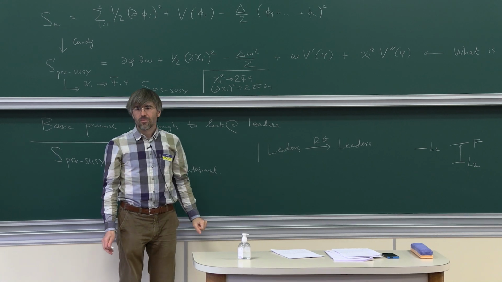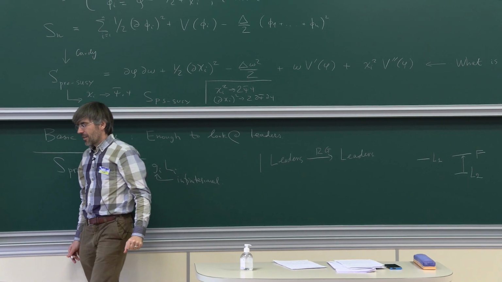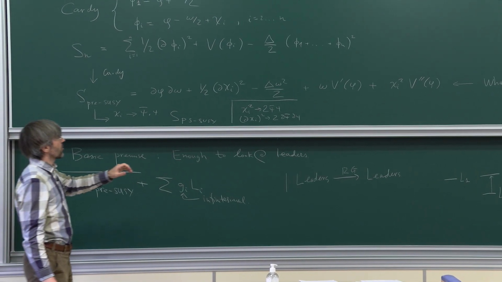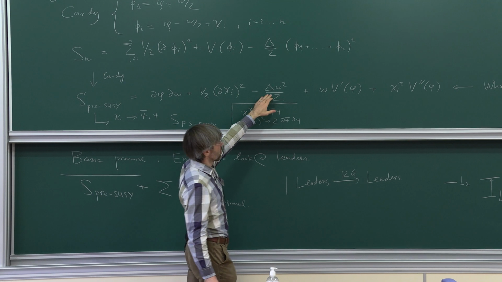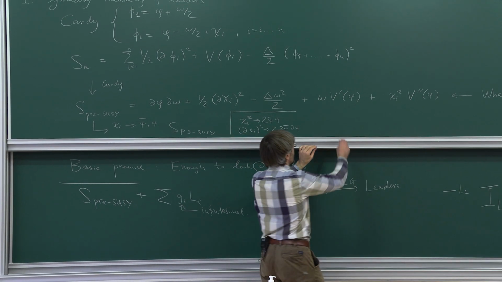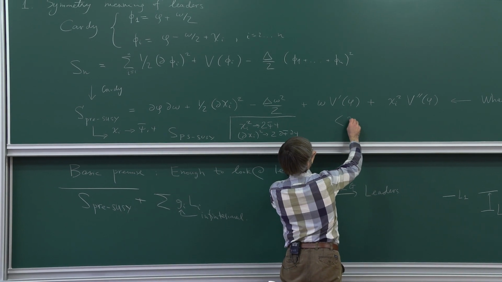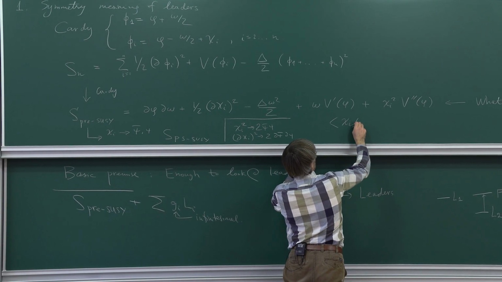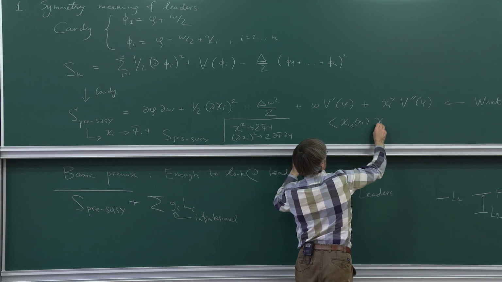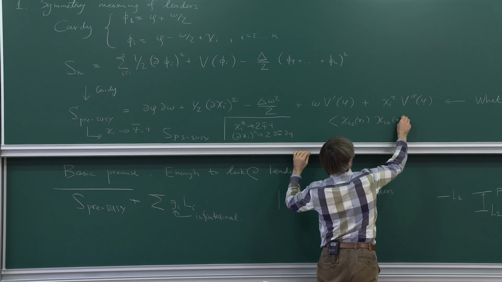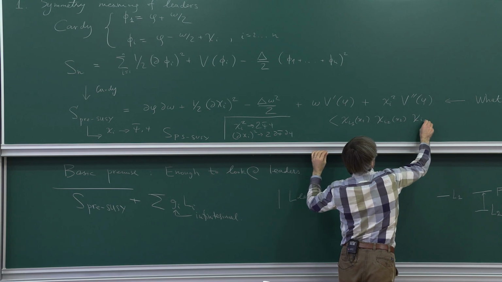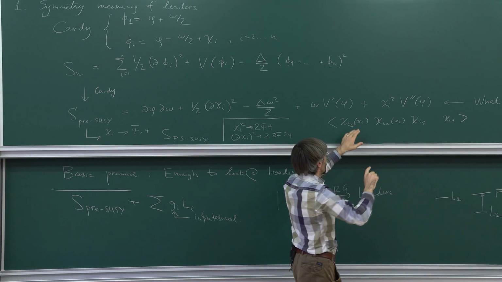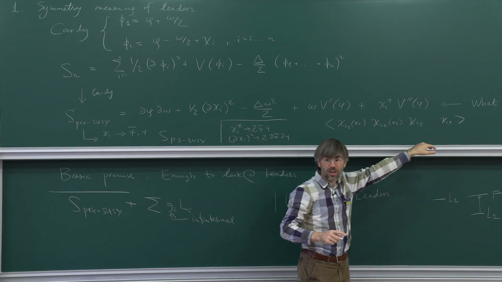So does this mean that there's actually a field redefinition that maps the two theories? Well, not really, because, for example, there are other operators in the Parisi-Sourlas theory. Take a correlation function of the Parisi-Sourlas theory of this form: chi I1 at some point x1, chi I2 at some point x2, and so on up to chi I4, at 4 different points and with 4 different indices which are not contracted.